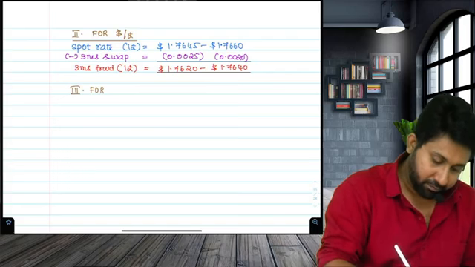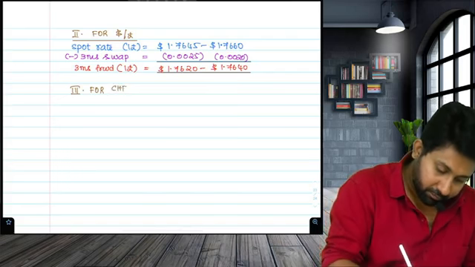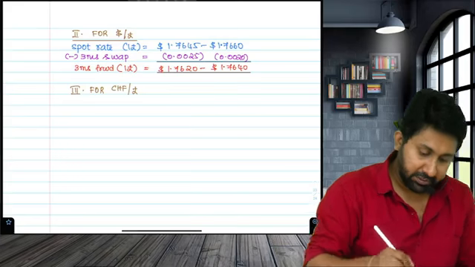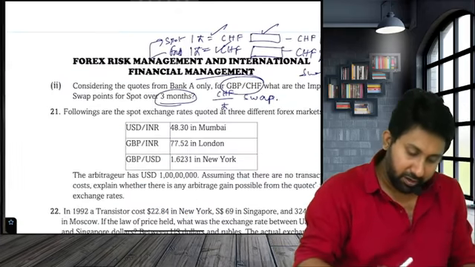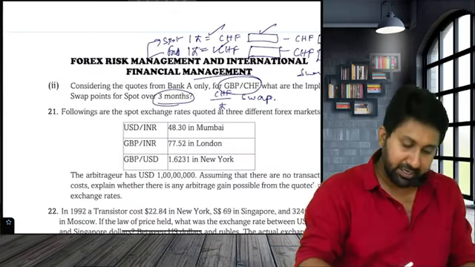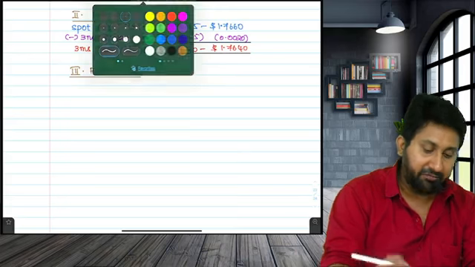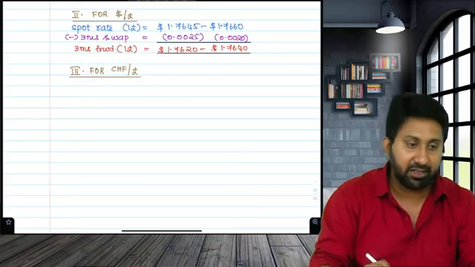For CHF by pound, to calculate, we need to calculate for bid and also for the ask.